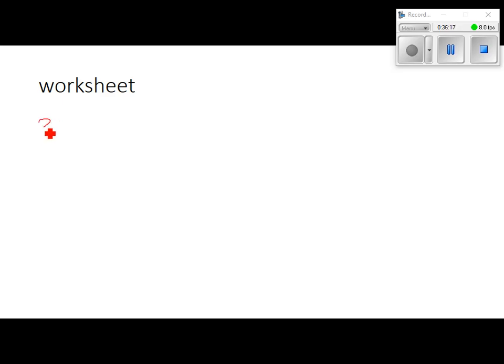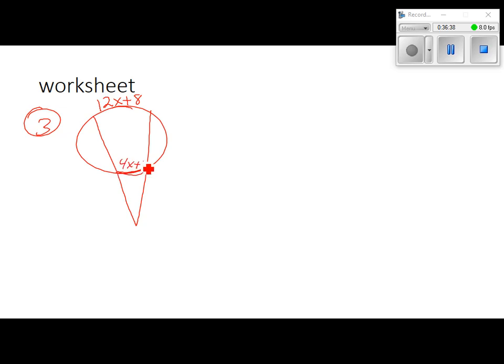Let's do number 3. We already did number 4, where the vertex was inside the circle. But number 3, a little tougher, because they stick in some variables here. So this is 12x plus 8. This arc is 4x plus 4. And they tell us that the angle is 50 degrees down here.